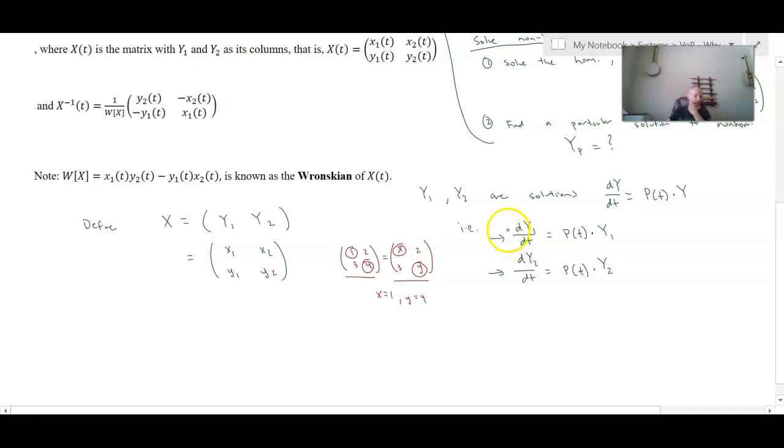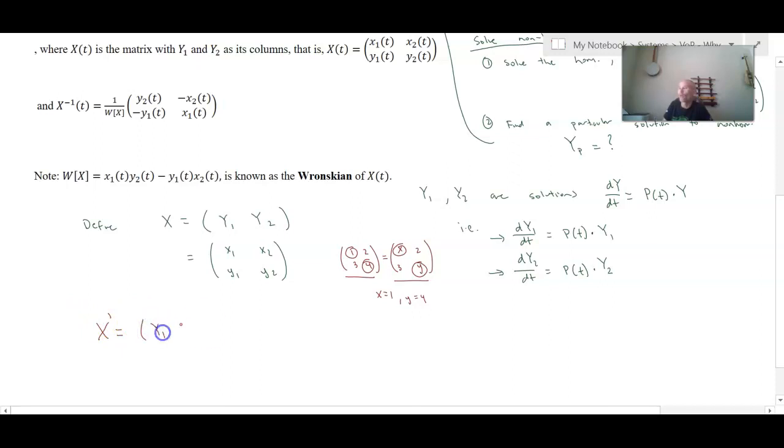Okay, so the reason I say this is because this will actually allow me to represent capital X in a slightly different way. And what I think I'm going to go ahead and write here is to try to represent this system down here. So if I think about X as containing as its columns the solutions y1 and y2, then X prime would be the derivatives of those two solutions, right?